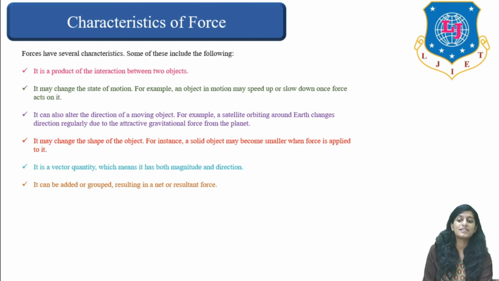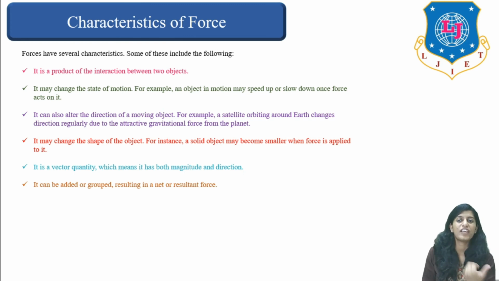So let's just have a quick recap of what we have studied today. That is, what are different characteristics of forces, what do we mean by weight, what do we mean by tension, and what is Hooke's law. Hooke's law basically deals with the force applied by a spring to the object, right?